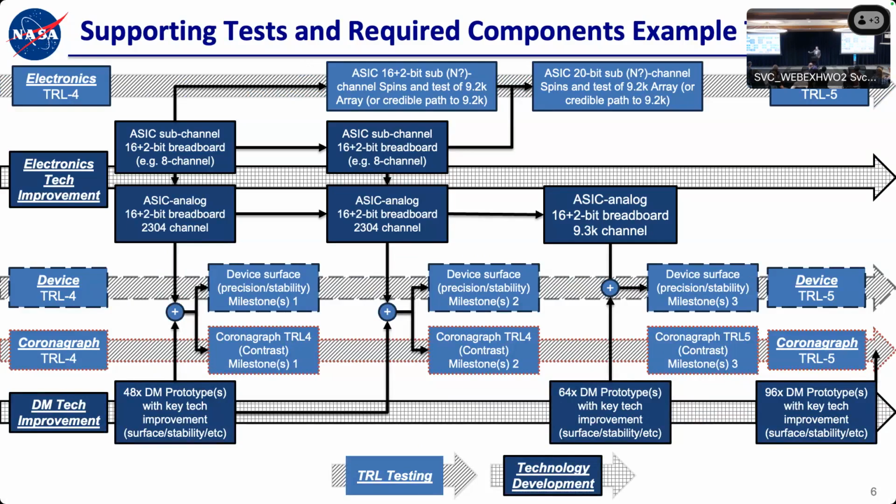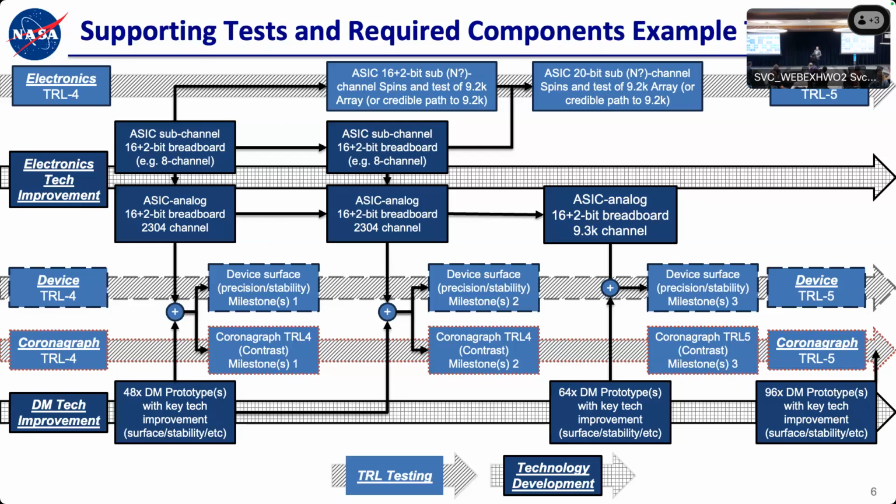The main takeaway here is we're scaling up along the way. What you'll notice is that we're not doing TRL5 coronagraph verifications with the 96 by 96 DM necessarily. We want to do that with 48 by 48s and 64 by 64s that we've developed along the way, so that we can make some good progress and appeal to the scalability rules of TRL5.